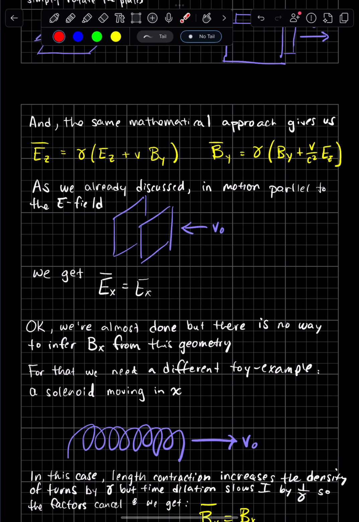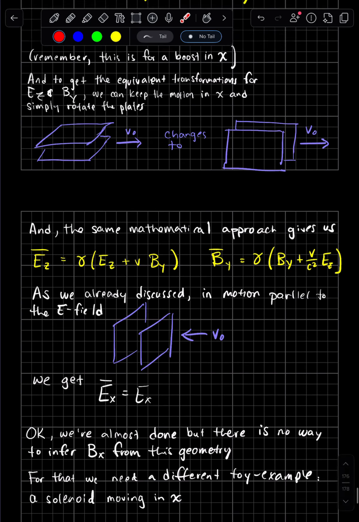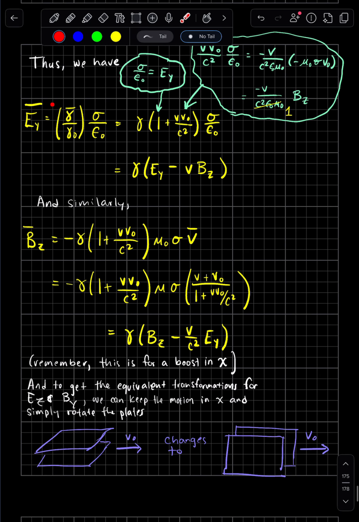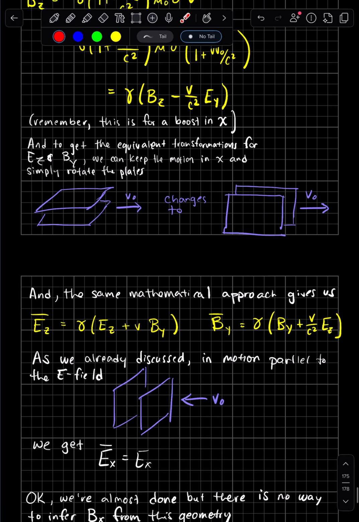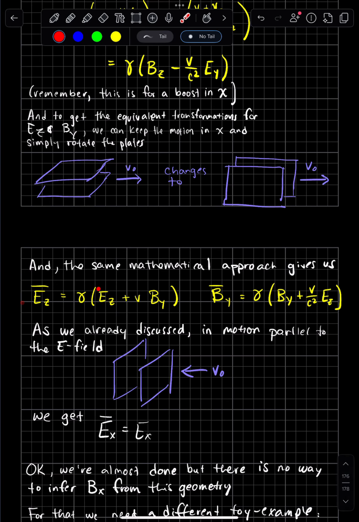And so now, just to recap, if we boost in the X direction, we have a way of writing EY bar in terms of EY and BZ. And we can write BZ bar in terms of BZ and EY, but we can also write EZ in terms of EZ and BY, and BY in terms of BY and EZ.